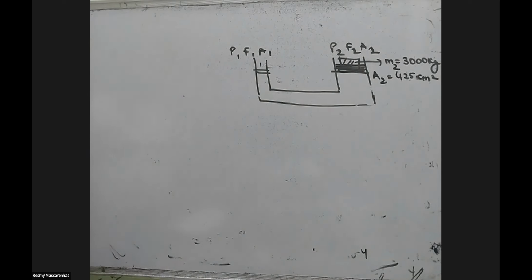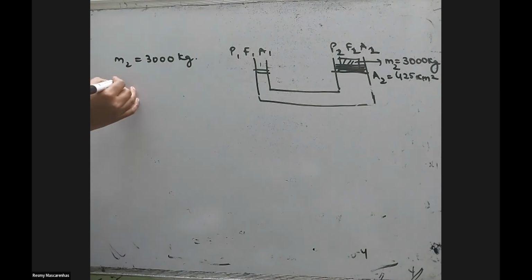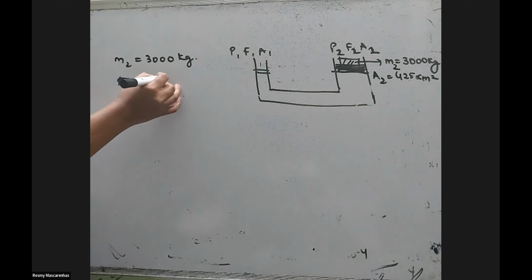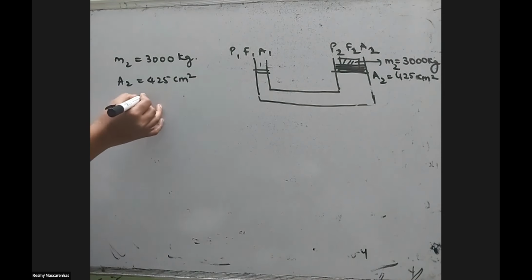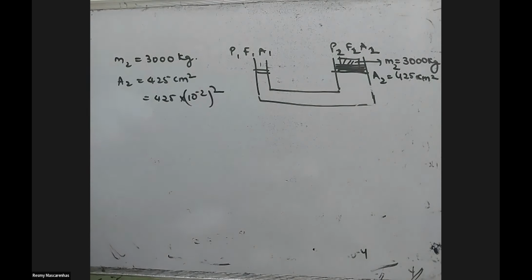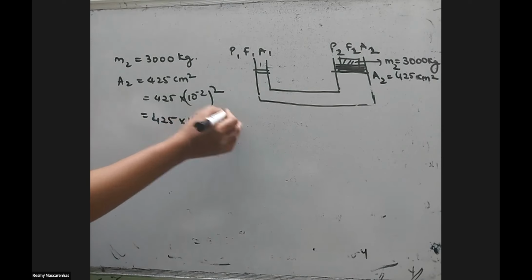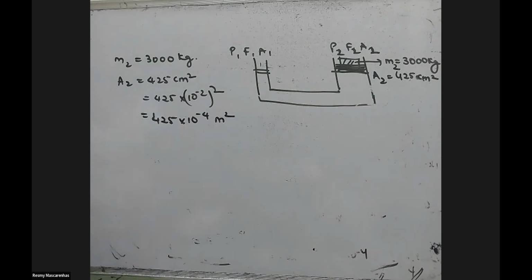As per Pascal's law, first we'll convert and write this here. M2 is 3000 kg. A2 is 425 centimeter squared, so it will be into 10 raised to minus 2, the whole square. What has been asked?